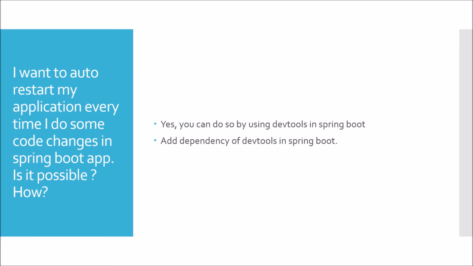So any code change, either UI related changes or .java file changes, if it is present in the classpath and I do some changes, it will be automatically reflected in the browser. And if it is Java code, my embedded server will be automatically restarted.